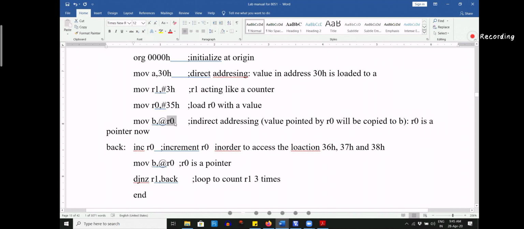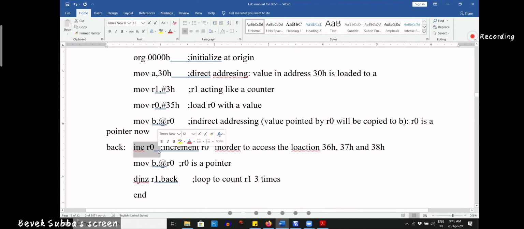Now this R0, I want to increment. Let's say after the value at 35 is moved to B, then the value at 36 should also move to B. So it should get automatically incremented. How will we do this? We'll increment R0 here, right?